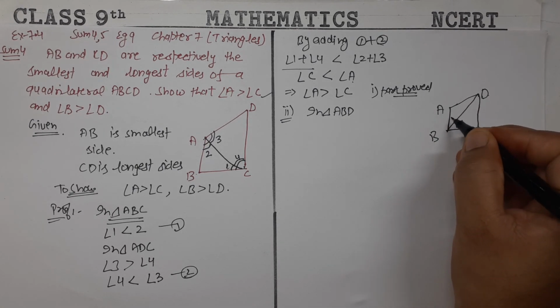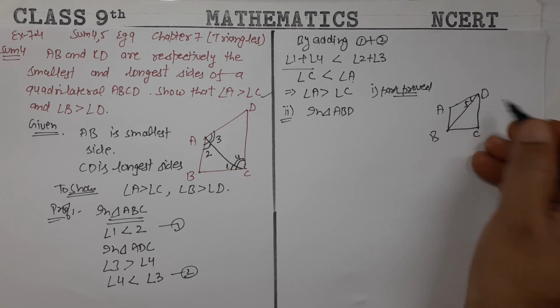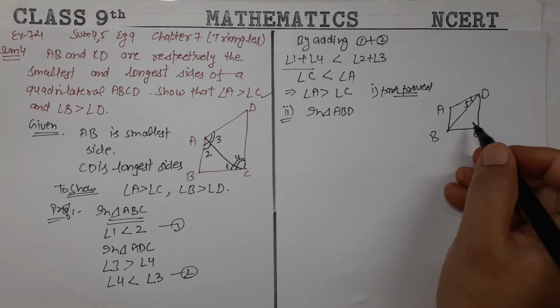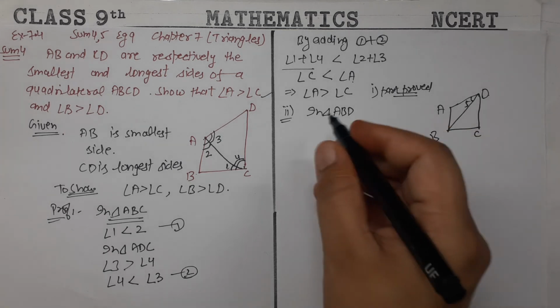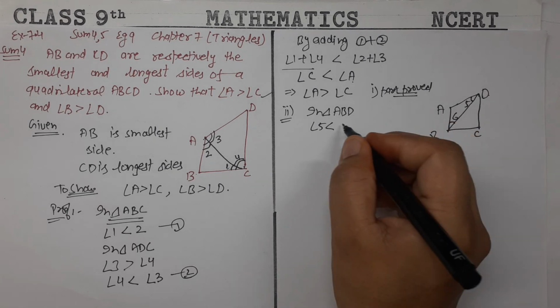AB smallest side, in front of it angle 5. Angle 5 is less than angle 6.